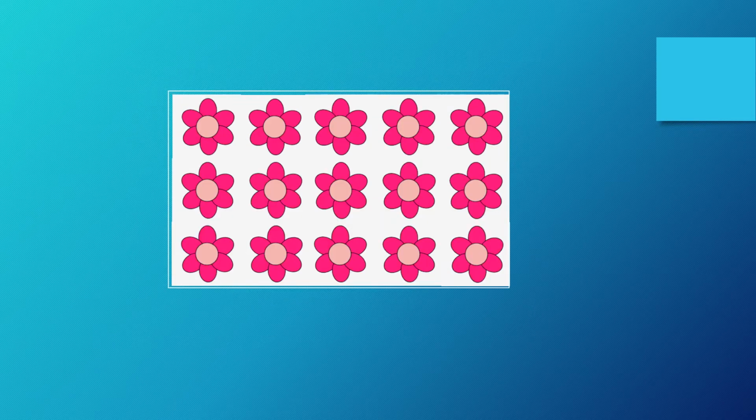So here are our flowers all together, so let's count them. 1, 2, 3, 4, 5, 6, 7, 8, 9, 10, 11, 12, 13, 14, 15.